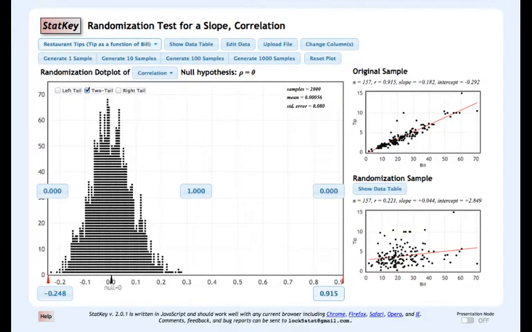And we can see that it changed the scale because that 0.915 was way off my previous graph to where now this sample statistic is way off the end of the tail. And my p-value is 0 to 3 decimal places.